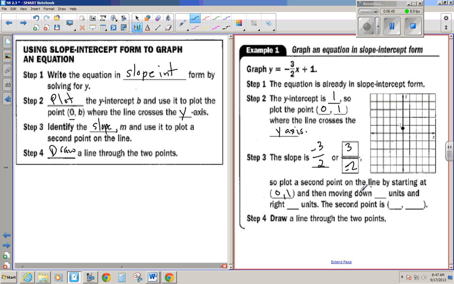Well, down is a y change, and down would be a negative change, so you need to go down 3 units and right 2 units. So down 1, 2, 3, right 2, so there's our second point. Once you have the 2 points, you can just draw your graph. So the second point is (negative 1, negative 1).